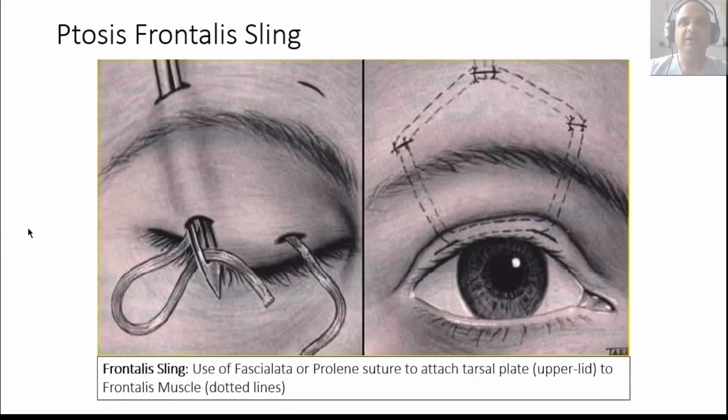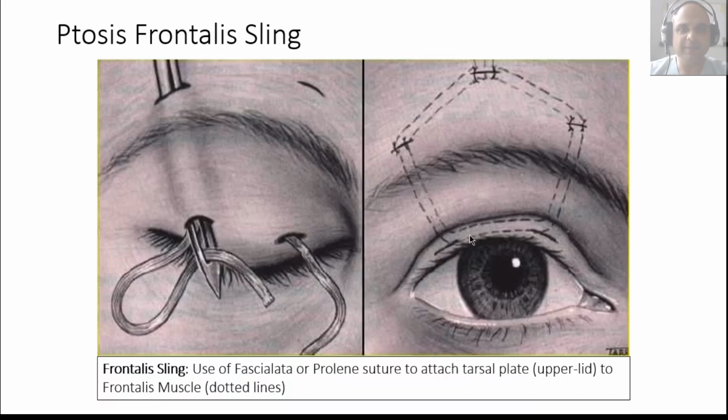A frontalis sling is done by using a suture or fascia lata, fascia from the same person, and creating a physical connection between the frontalis muscle and the tarsal plate of the lid. So you make an incision in the forehead and take your suture or your fascia subcutaneously all the way down in a diamond-like pattern to the lid, where you pass it through the tarsal plate.